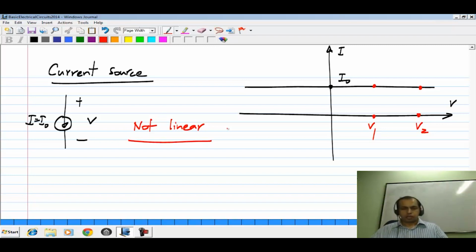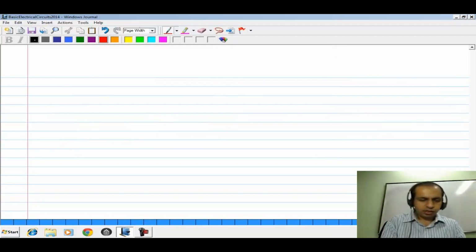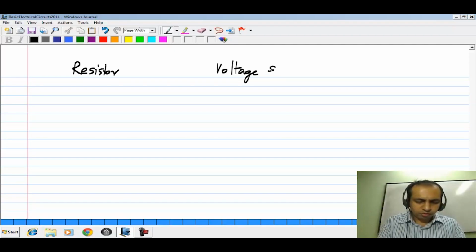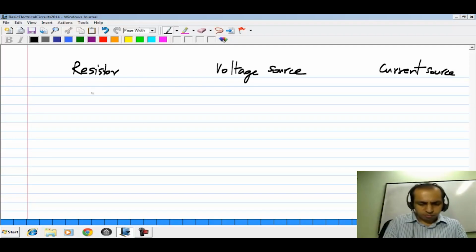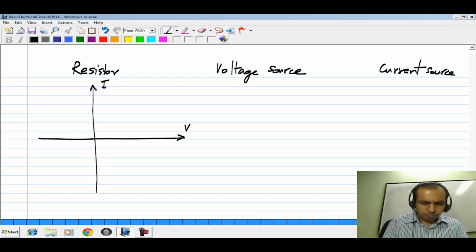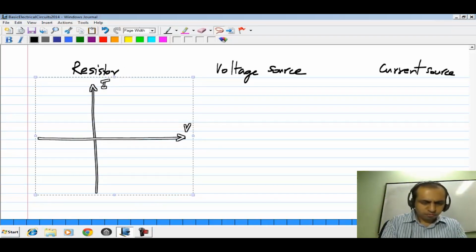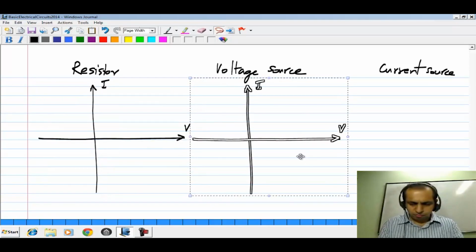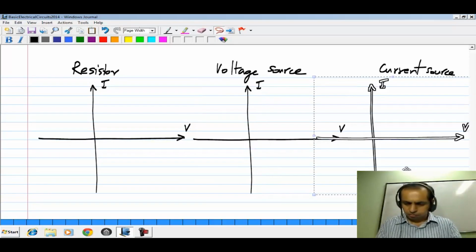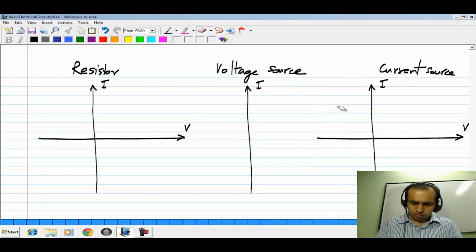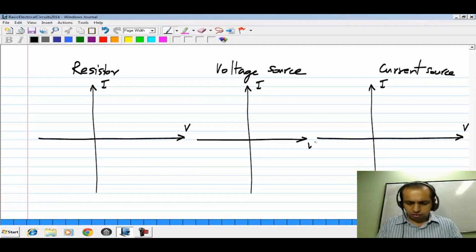Okay. Now, what distinguishes the characteristics of a resistor, a current source and a voltage source, all of which are straight lines? So let me draw it here.